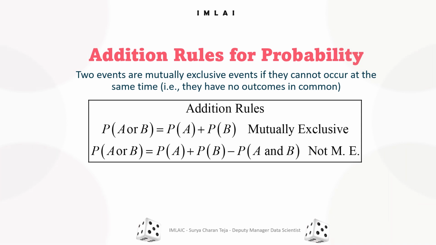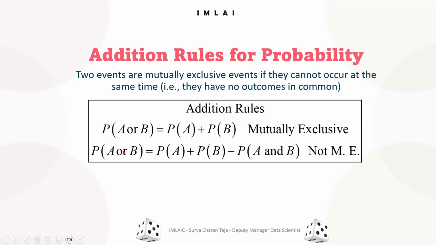If the events are not mutually exclusive, then what's the condition? If they can occur at the same time, then we need to adjust for the overlap between the events using the general addition rule.